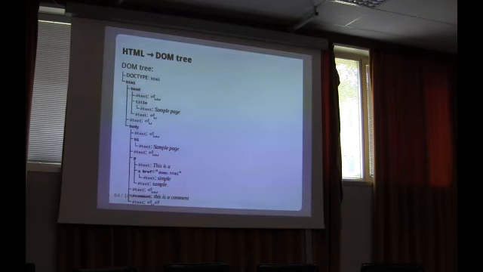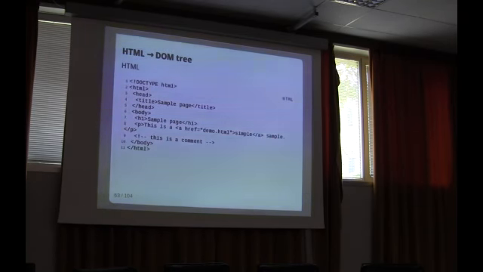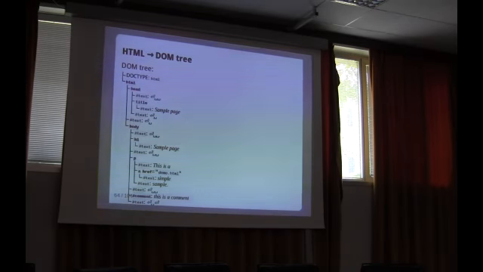The tree structure is quite easy to obtain just looking at this piece of text that is the HTML document. We can draw with a pen and a piece of paper the tree structure of the HTML document. So the first transformation is quite easy. I think you understood it. It is quite easy to make by hand, and it's quite easy to write a program that makes this transformation.